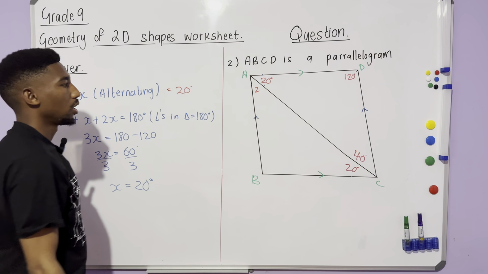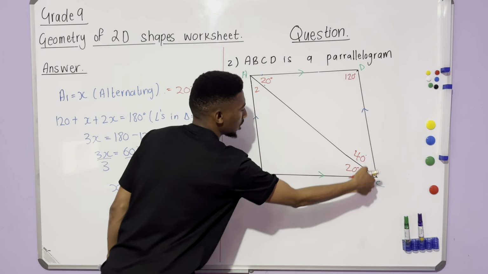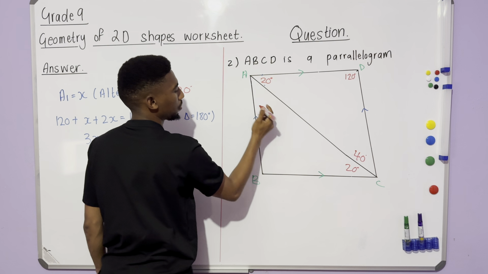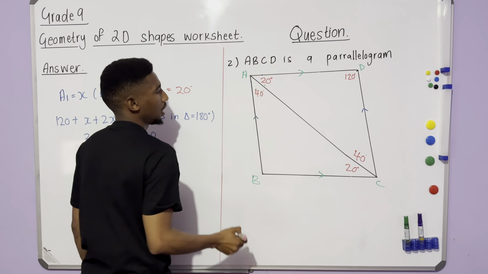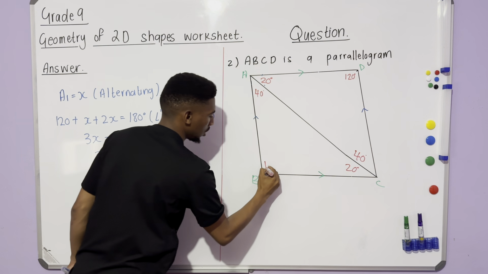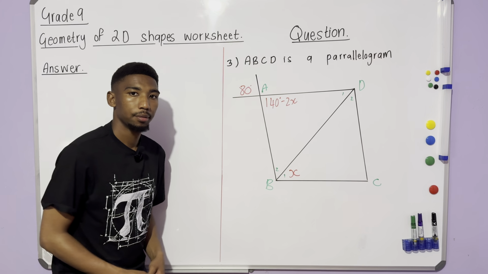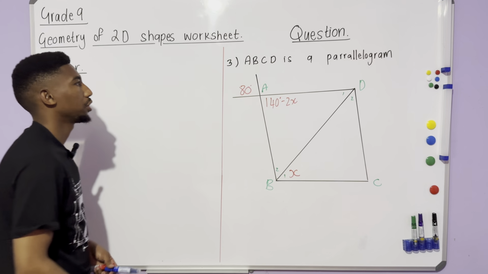We also know, because of alternating angles, that A2 is also 40, and then opposite angles of a parallelogram are equal, so that's also 120. Okay, let's have a look at our third question.